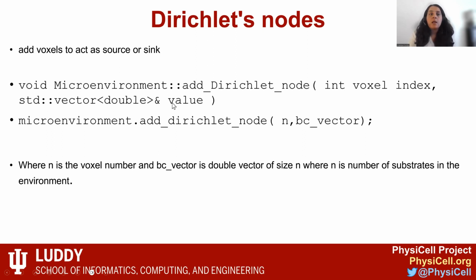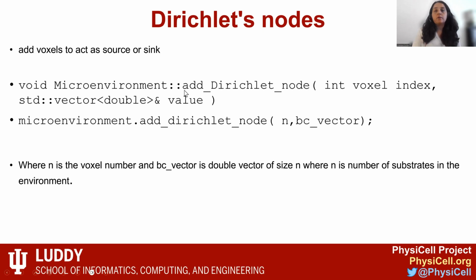So for example, I want to start a sink. For the sink, I want everything to be 0 there. So this vector would be size 3, 0, 0, 0, and we add the Dirichlet node at that particular voxel index, and we'll set the values to 0. And for that voxel, everything will go to 0, and it will start acting as a sink for everything in the periphery, or it will eventually affect the whole microenvironment.